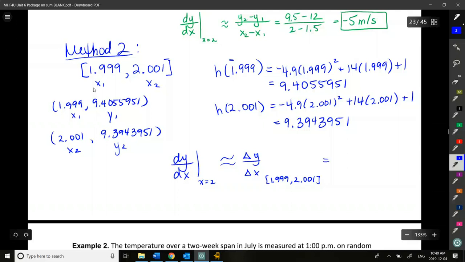Okay? So we know this will be equal to y2 minus y1 over x2 minus x1. And let's calculate.